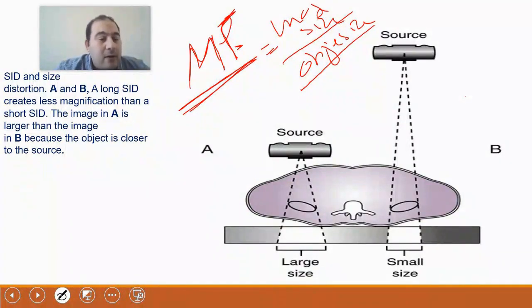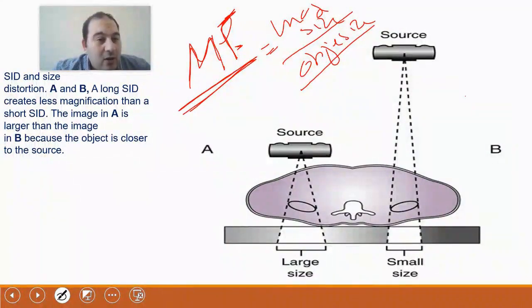So when does this happen? It is related to the distance between the X-ray tube and your object. If the distance, which is the SID, between your source and your image receptor is large, then the magnification that occurs will be minimal. If this distance is small, then the magnification will be greater.